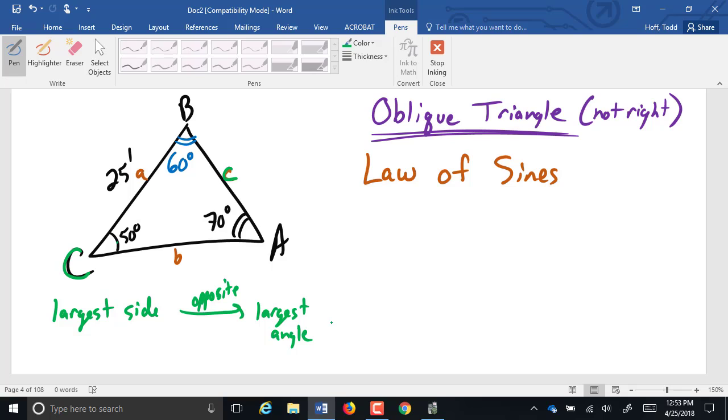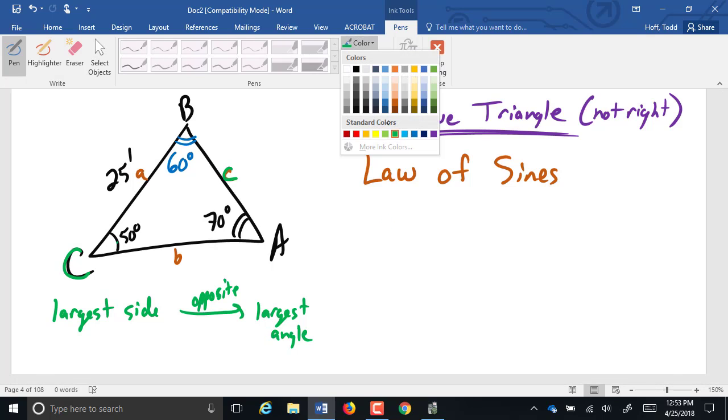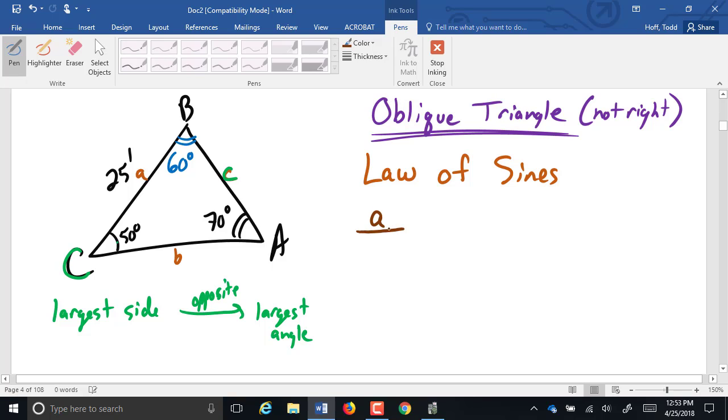Now, depending on the textbook you look at, the law of sines can be written in one of two ways. The way I'm going to write it, it's going to look like this. The length of side A divided by the sine of angle A, its opposite angle, is a constant ratio for that triangle.